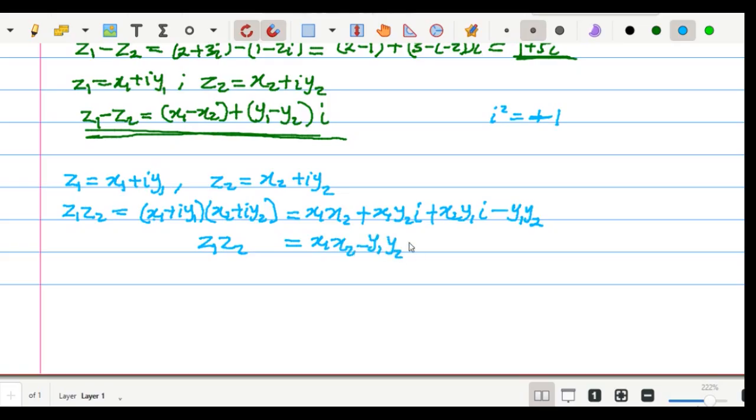Let's put the real side separate and the imaginary side separate. So we have x1 y2 plus x2 y1 i. So this is the real side and this is the imaginary side. So we are going to also solve examples on this multiplication, to portray the point more.